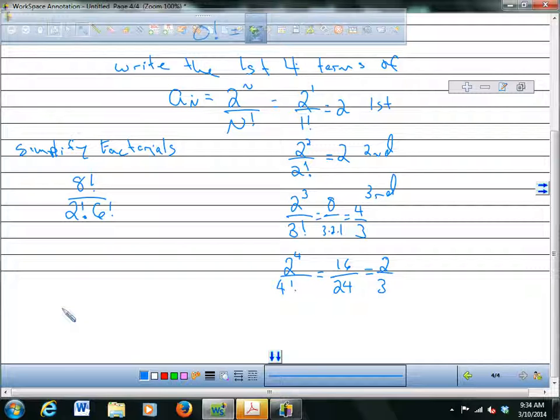To simplify something like this, it is equal to 8 times 7 times 6 factorial on the top, and then you have 6 factorial on the bottom and 2 factorial on the bottom. So now what could I cancel out? You could cancel out the 6 factorials. What's 2 factorial? 2, and 2 goes into 8 4 times, and you get 4 times 7, which is 28.